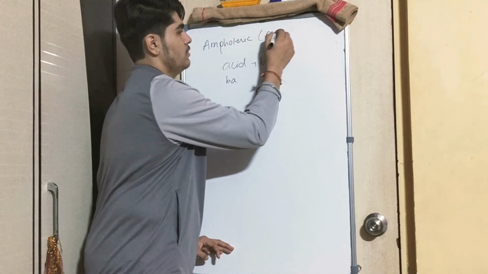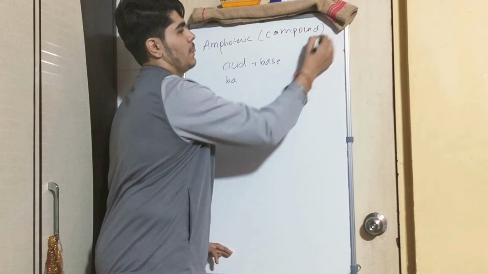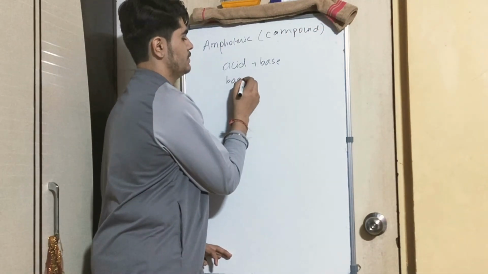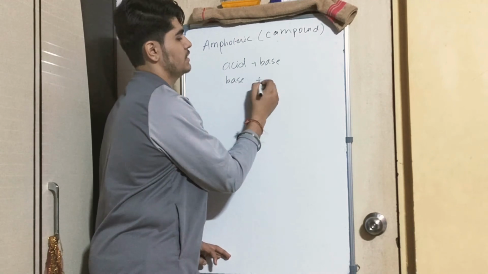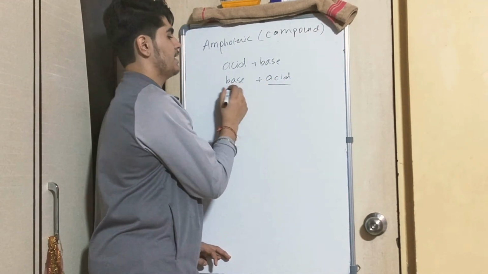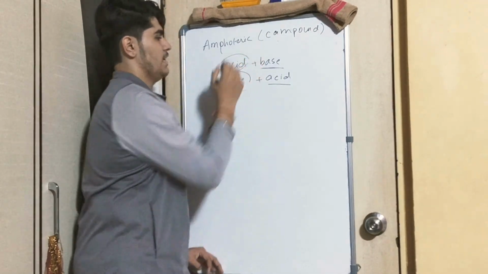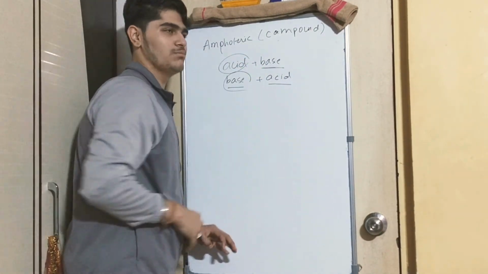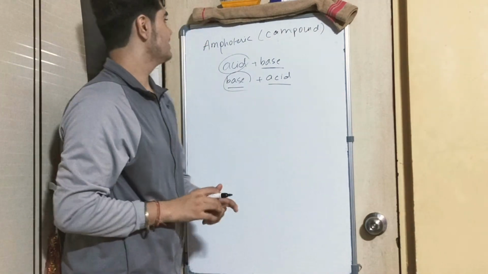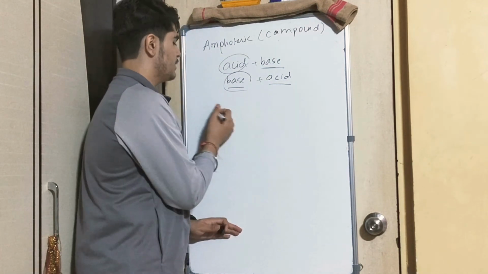It's a compound. If an acid is given, it reacts as a base, and if a base is given, it reacts as an acid. So that is why we call it double dholki. Understanding.